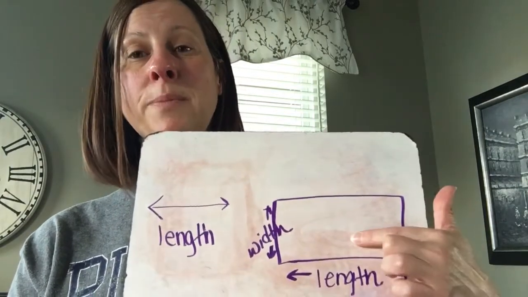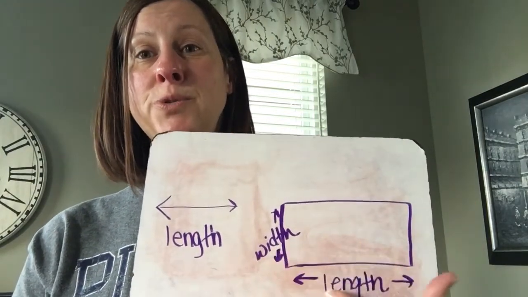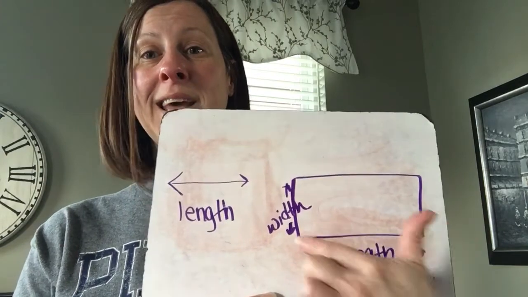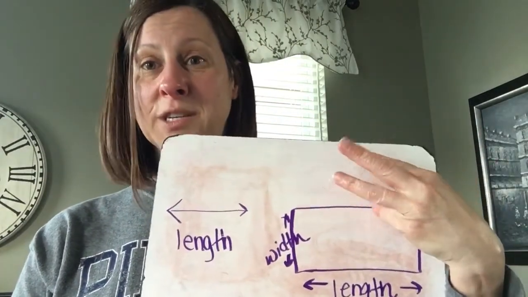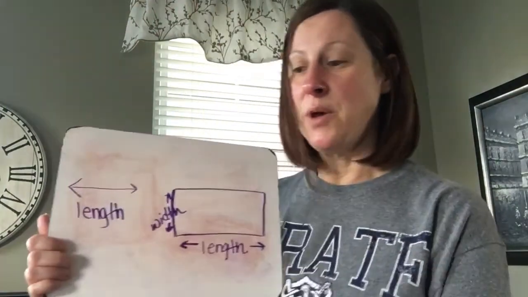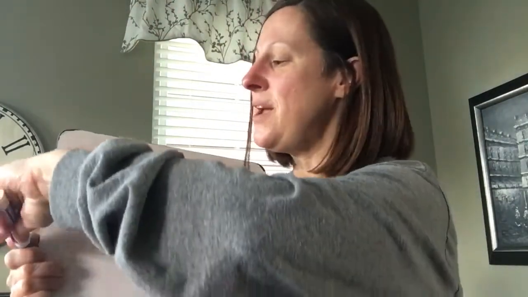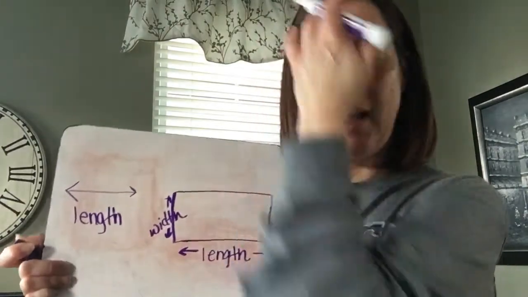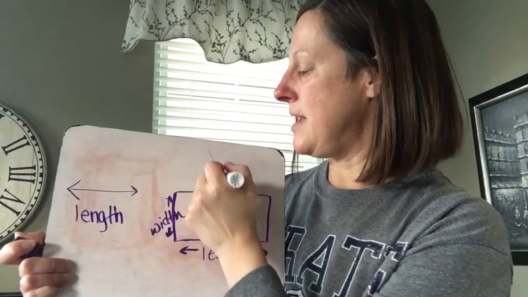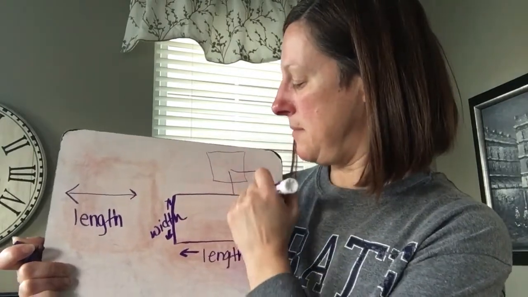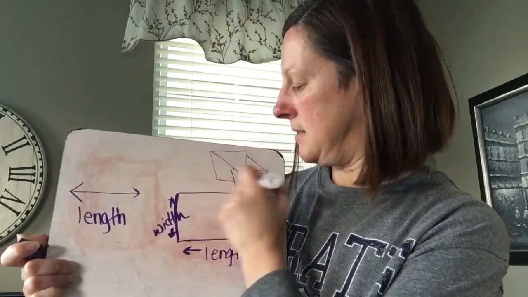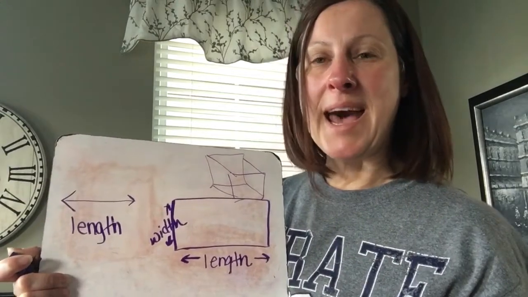A two-dimensional plane figure has two dimensions, length and width. A solid figure has three dimensions. I'm going to attempt to show you. If I have a three-dimensional figure, I'm going to have length and width like my square here, but then I'm going to add height to it.